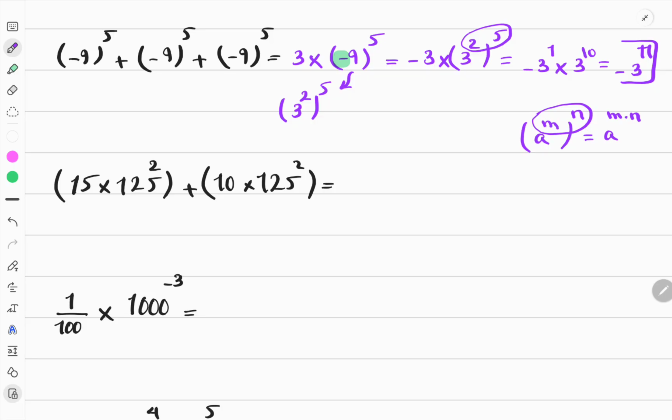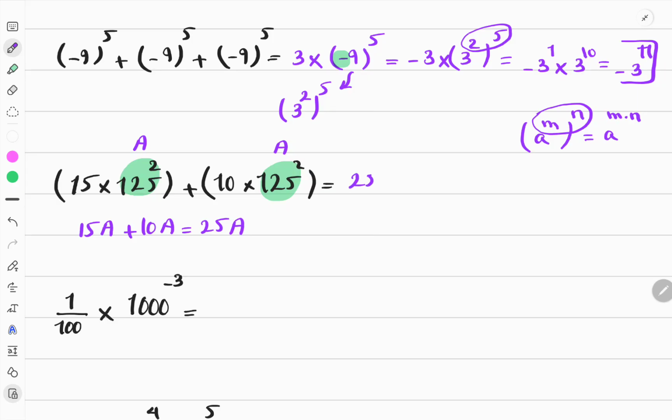For this question, 15 times 125 squared plus 10 times 125 squared. Consider this as a letter like a. We have 15a in the first parentheses and 10a in the second parentheses. So 15 plus 10 is 25a.